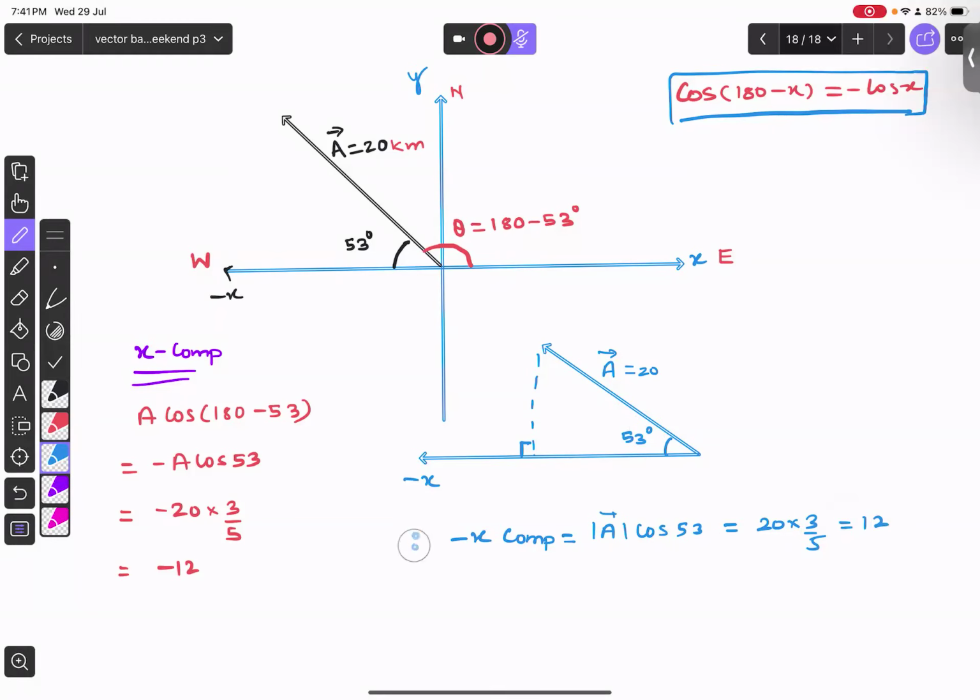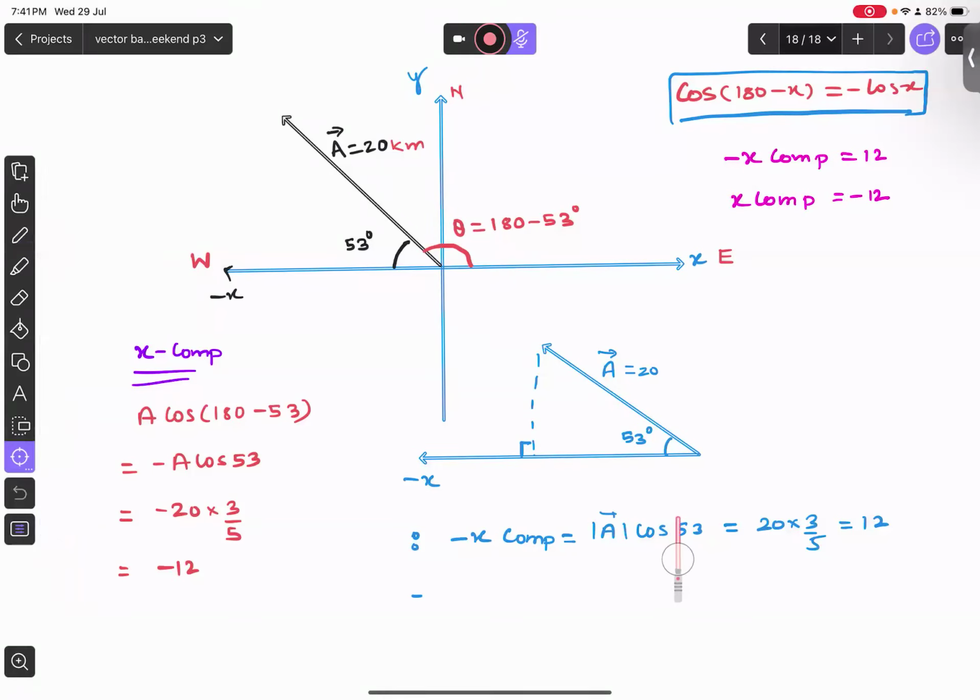So I hope you got the point now: if the minus x component is 12, then automatically you can tell what will be the x component. It means the x component will be minus 12. So in case you don't know how to find the angle which is 180 minus 53, you have a choice like that. Okay, I can take a new page.